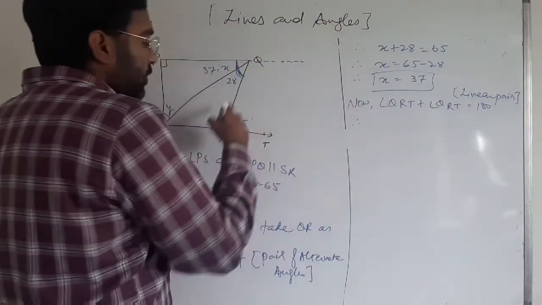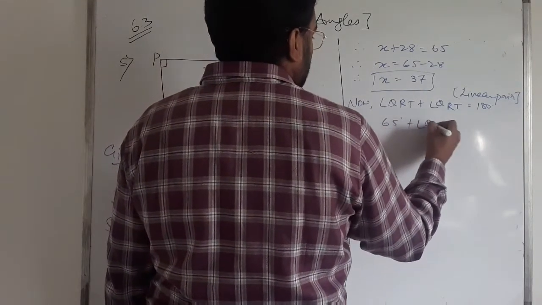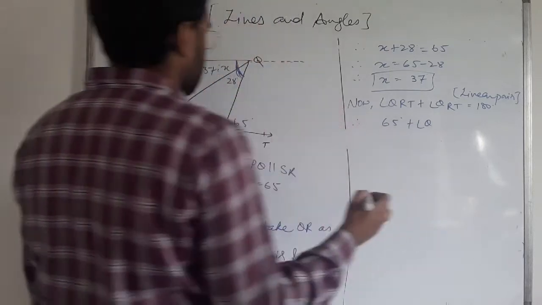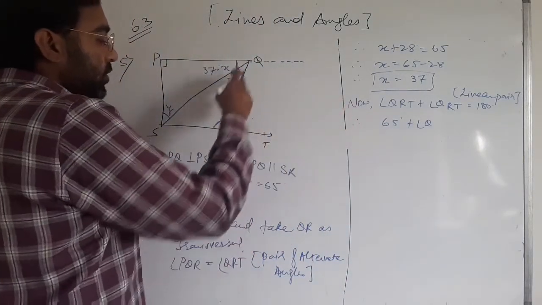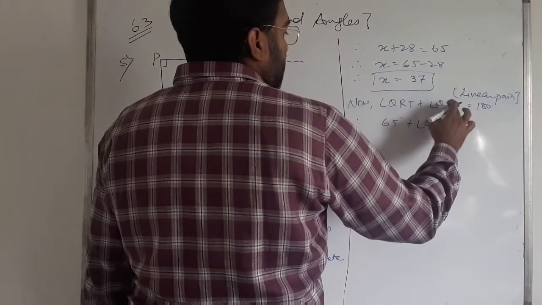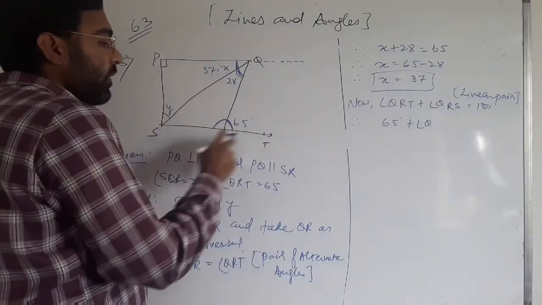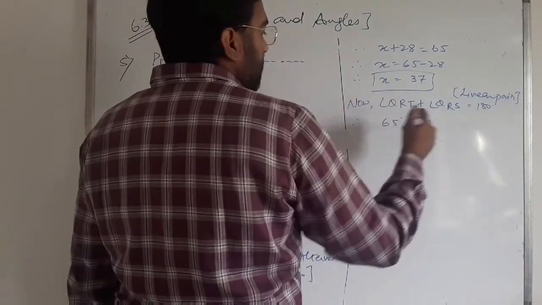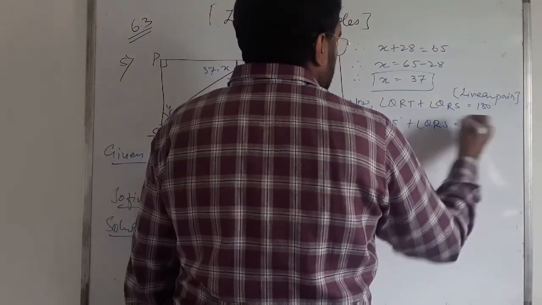Angle QRT is 65 degrees. There are two angles here, QRS and QRT. QRT is given as 65 and we need to find QRS.